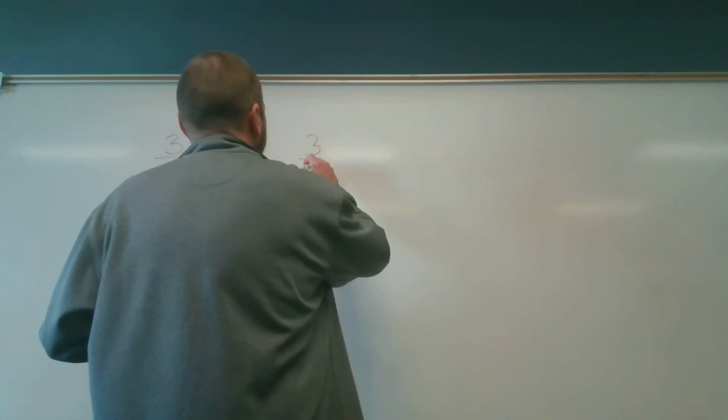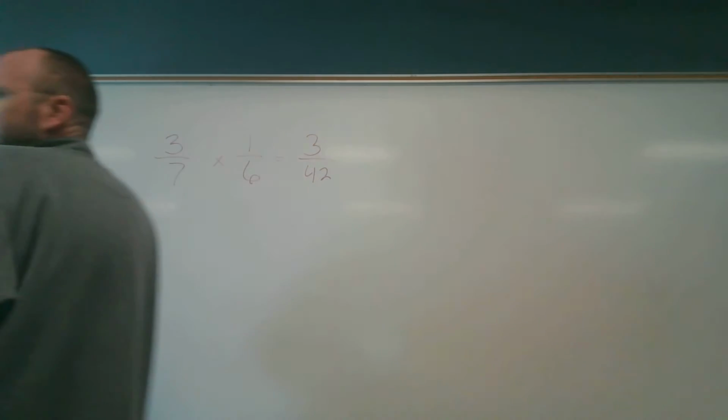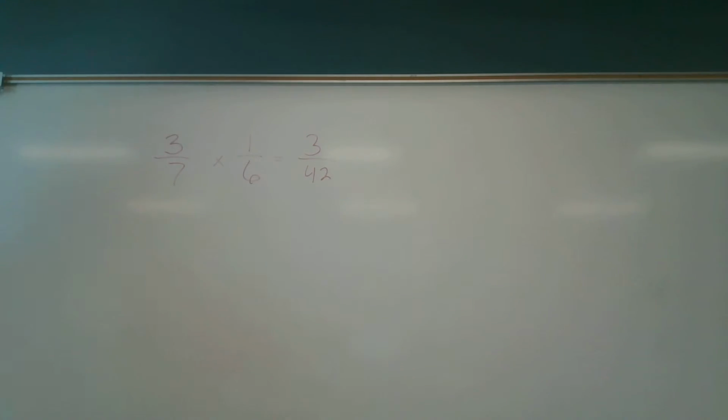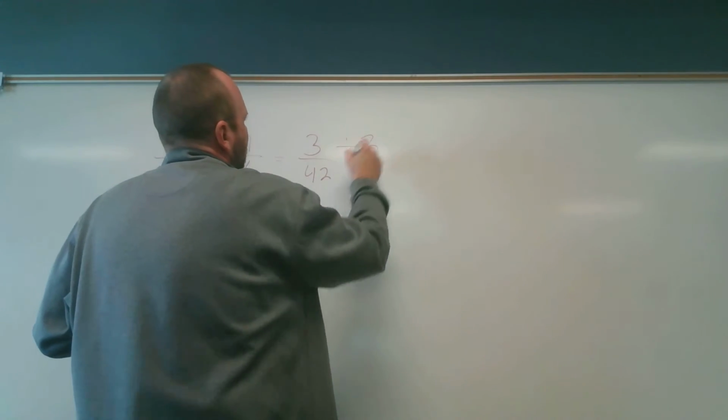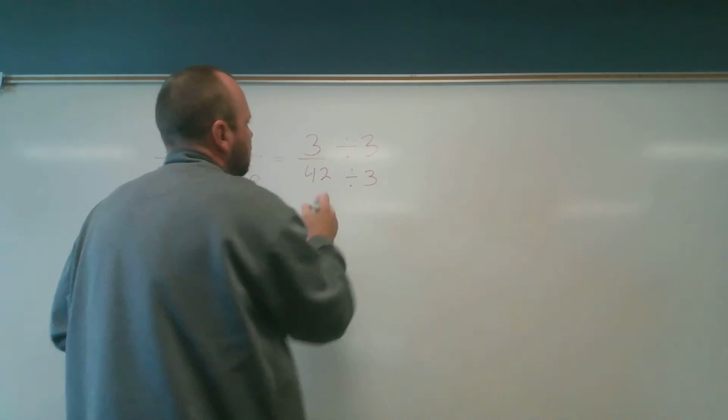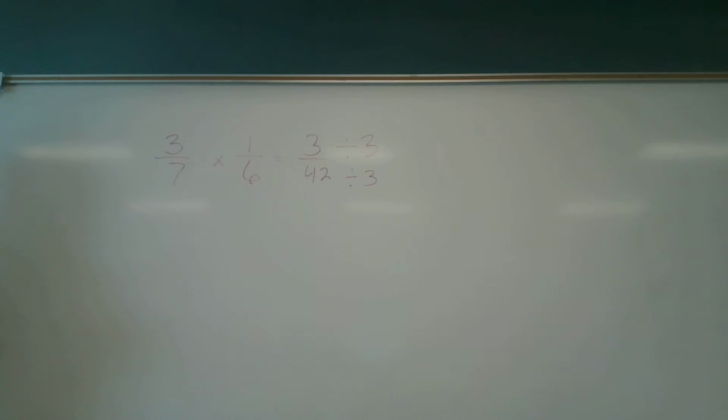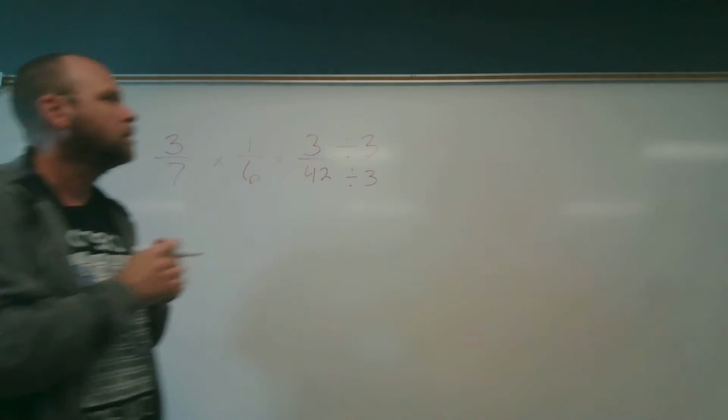All right, 42. Jacob J., tell me why this is not the final answer. It can be simplified. By what, Jacob J.? By 3. We have to divide both the numerator and denominator by 3. Jacob J, what is 3 divided by 3? 1.